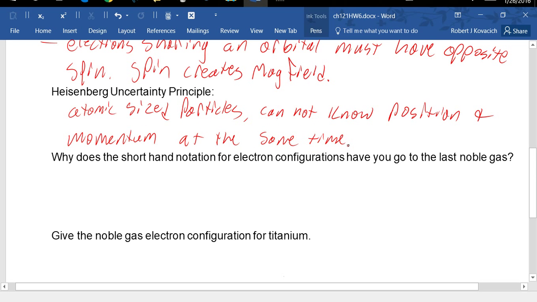The technical definition is you can't know a subatomic particle's position and momentum at the same time. I could know where it is, but not how fast it's going, and I can know how fast it's going, but not where it is. Basically, the crux of this is that looking at it moves it.